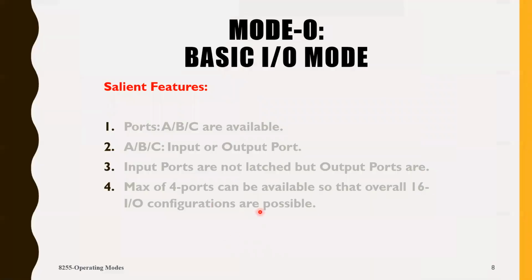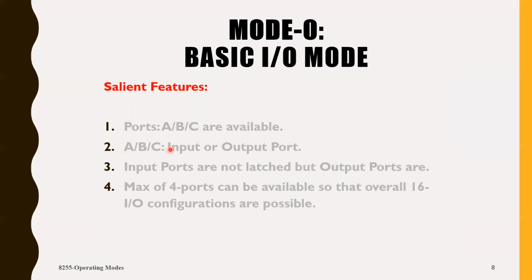Now let's try to understand the further submodes under this I/O mode. The first submode is mode 0, called the basic input output mode. We have certain features for this particular mode. As I told you, under the I/O mode, all the ports A, B and C are available and they can be configured by programming.